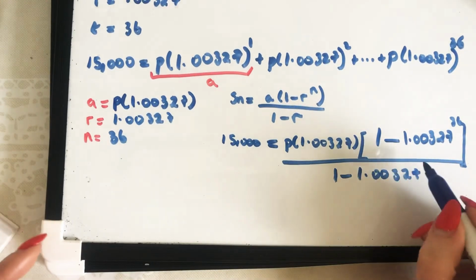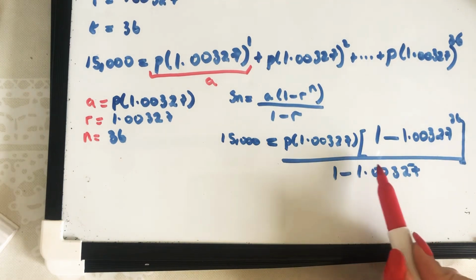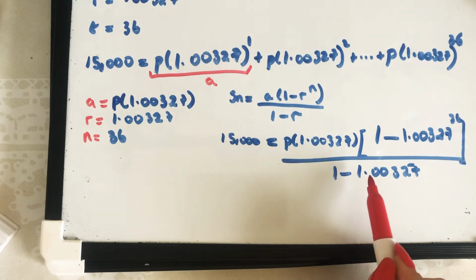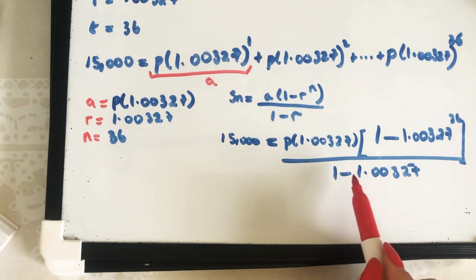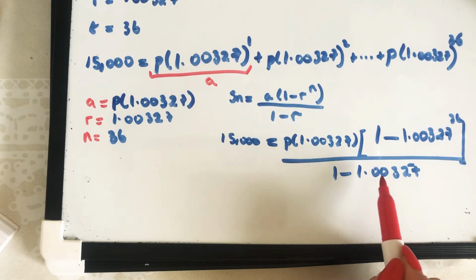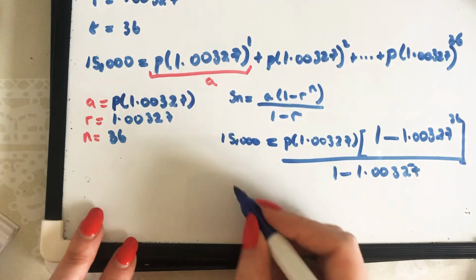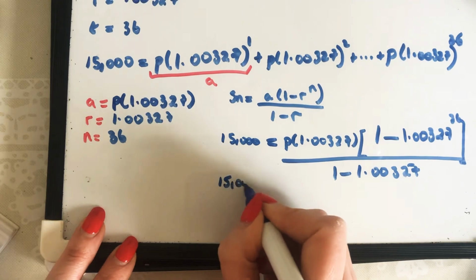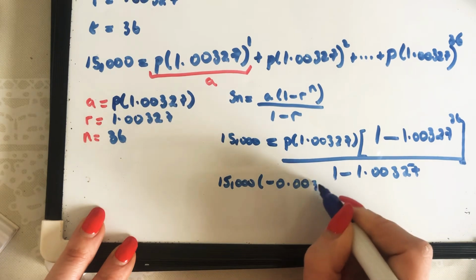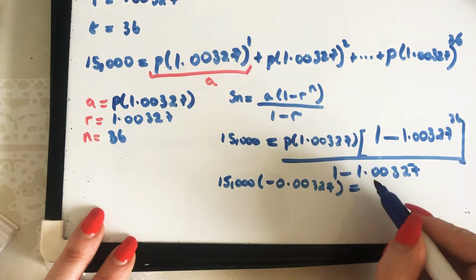Next of all, we're going to solve for the P. So we can see here that this is being divided here, so we're going to multiply it up over here. But if we take 1 minus 1.00327, of course we're going to get negative 0.00327. So that's what we'll bring up. We'll bring up a negative 0.00327 up here and multiply it by our 15,000. We're going to equal that then to all of this.